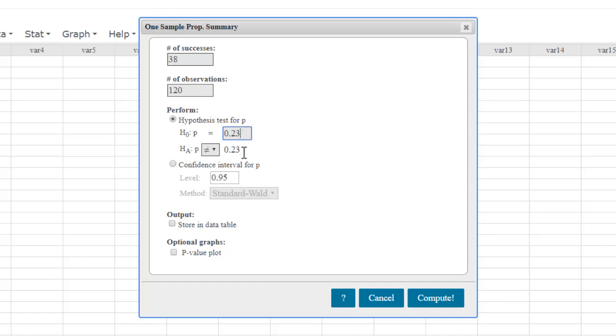Notice it repeats itself below because it knows these two numbers have to be the same. There's strict equals there that's already set for the null hypothesis. The alternative hypothesis is going to be greater than. We were doing a right-tailed test. So we've given it the evidence, we've told it the hypothesis. The next thing we have to do is hit compute.